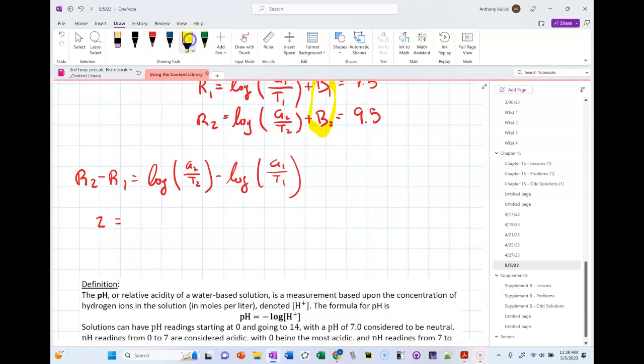And then I can use the quotient properties for logarithms, since those are the same log, to write it this way.